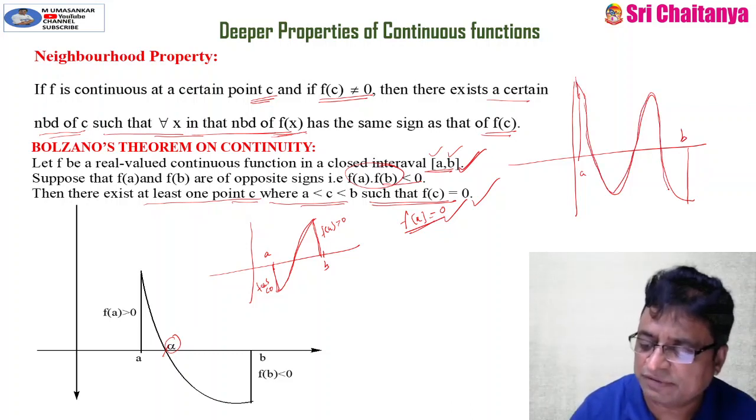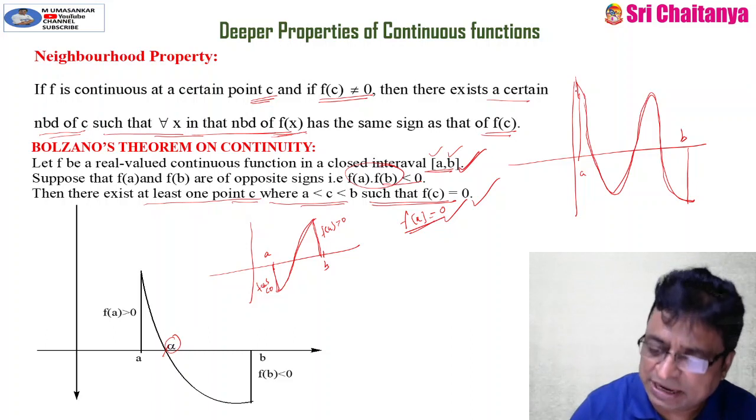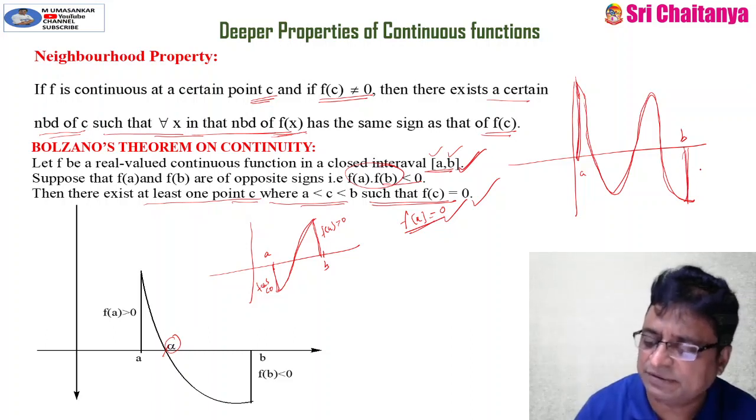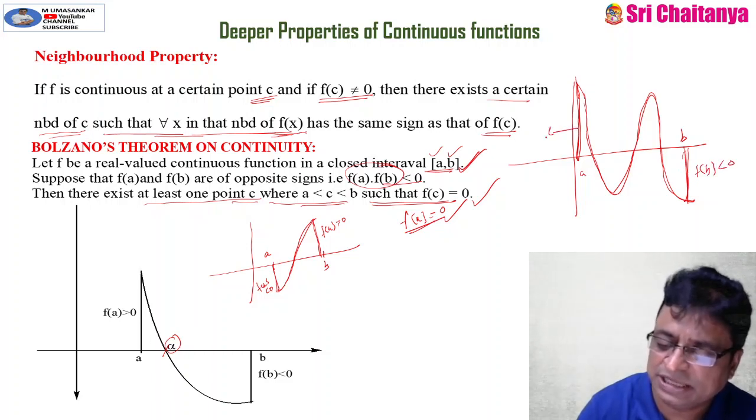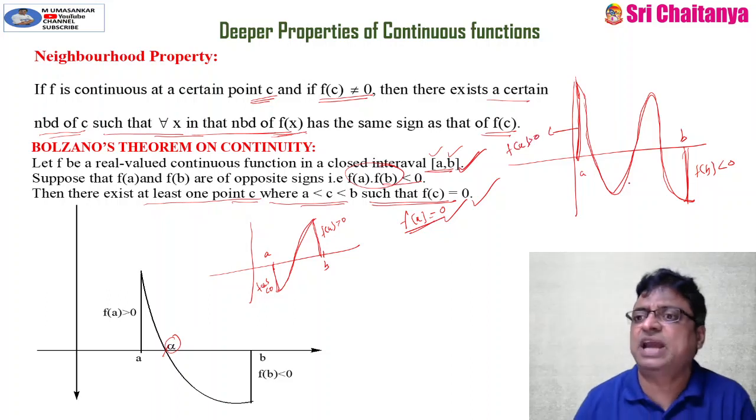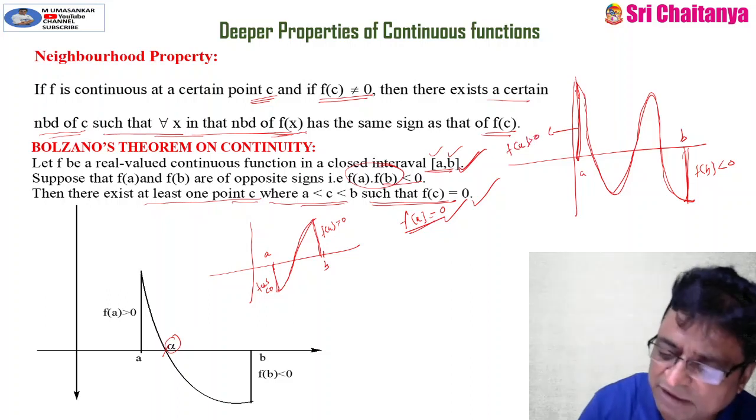This is a continuous curve. Here f of a is positive, and this is f of b, which is negative. Whenever I draw the curve like this, it automatically intersects the x-axis at at least one point.